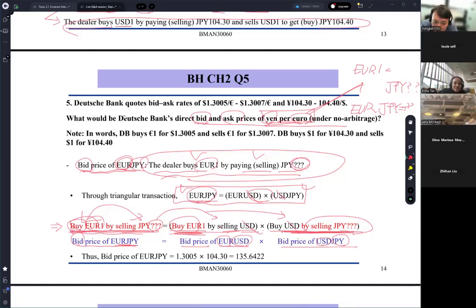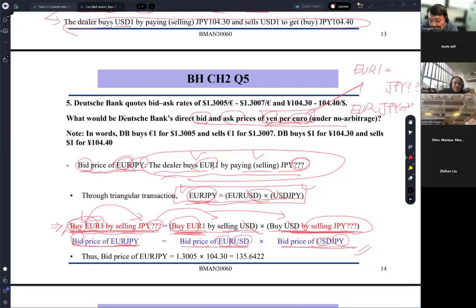Dollar is in the middle, and think about which price will be used for each transaction. So the bid price of this one should be equal to the bid price of this one times the bid price of this one.